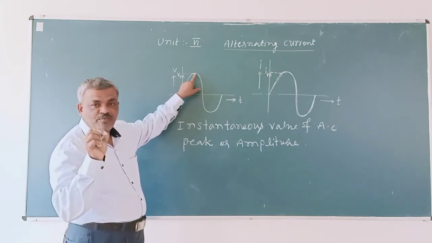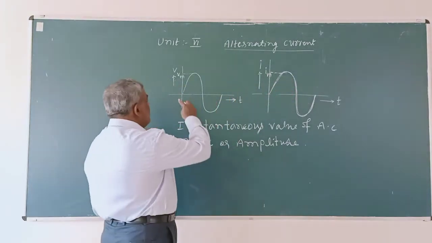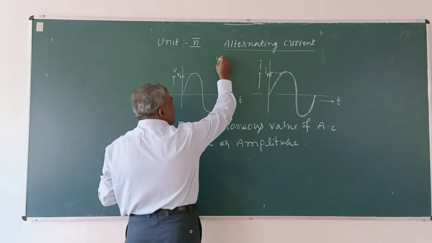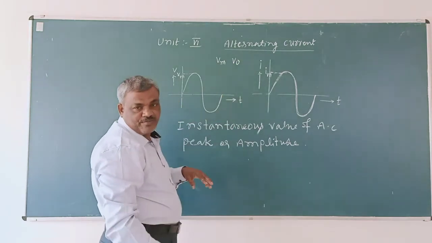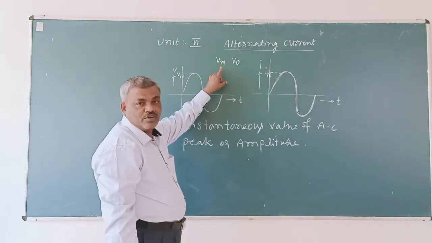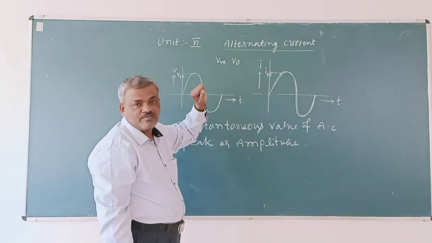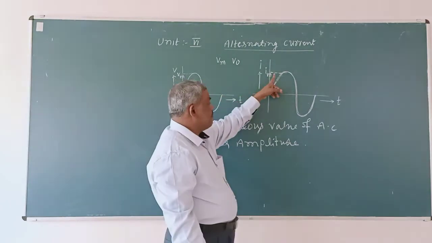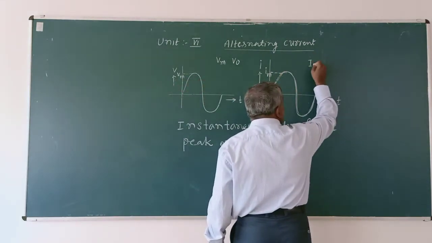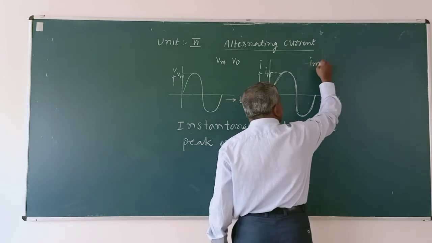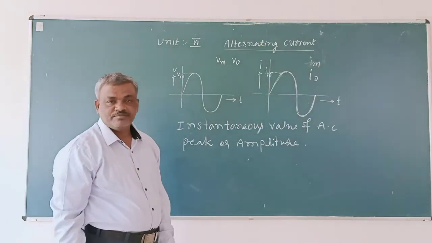The symbol in some textbooks may be Vm or Vo for maximum voltage, and Im or Io for maximum current.